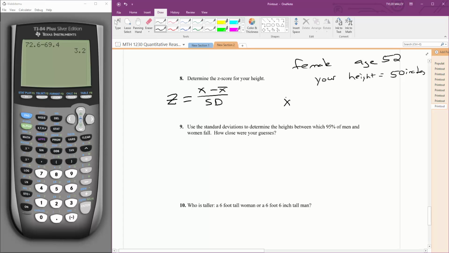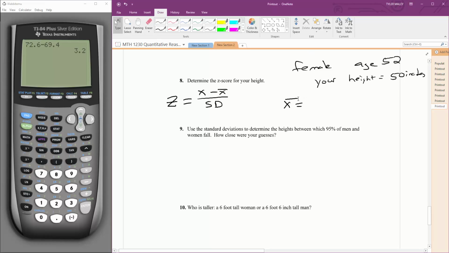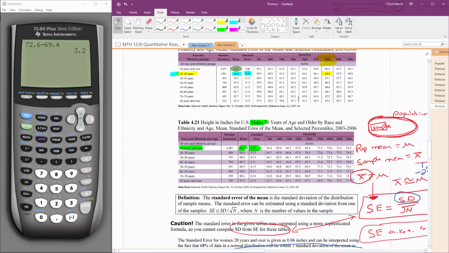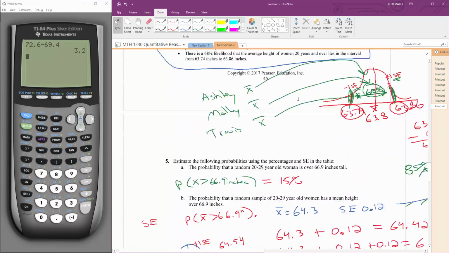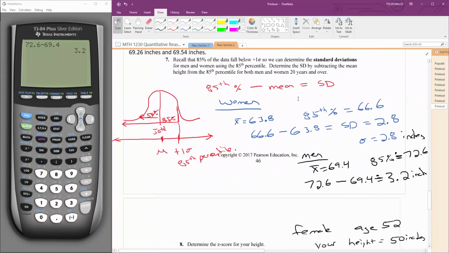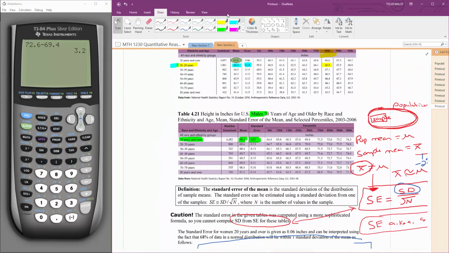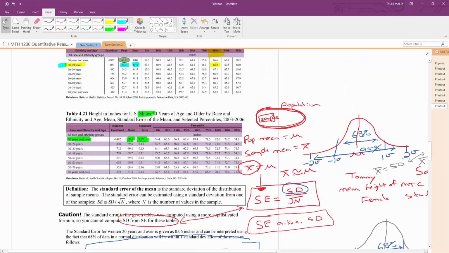We can find that by looking above. So age 52 would be in this row. We want the mean, which is here, 69.5. That's my mean.